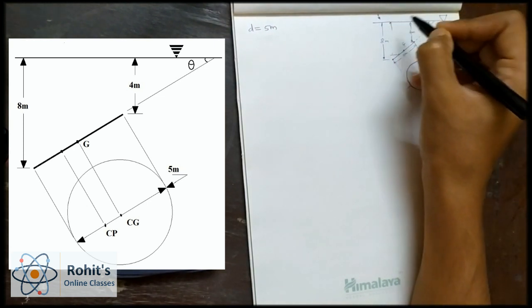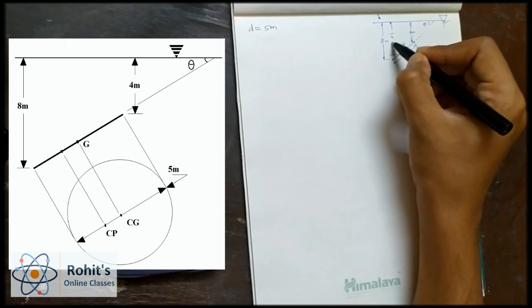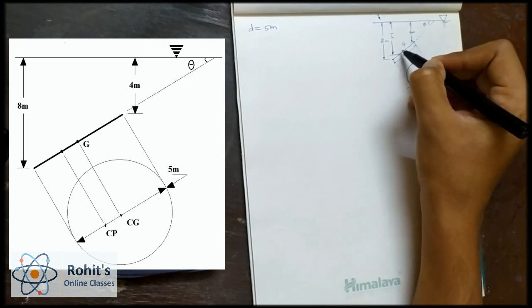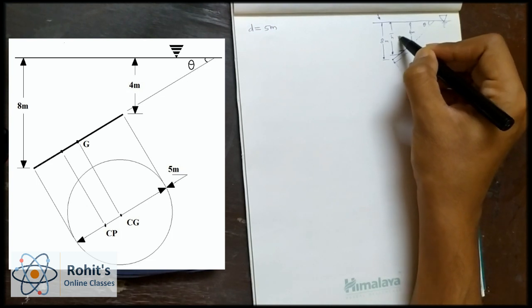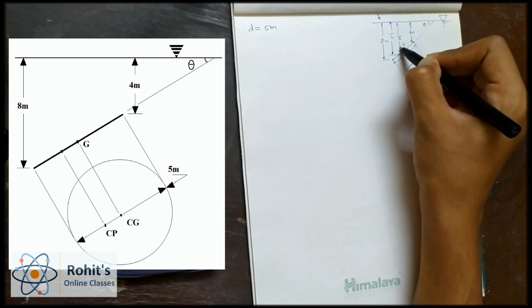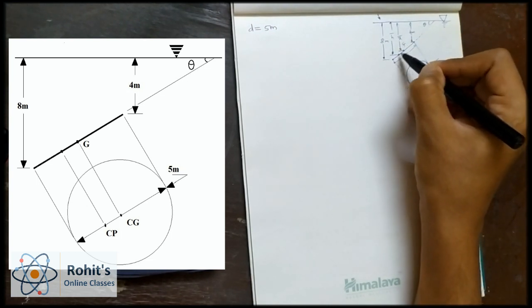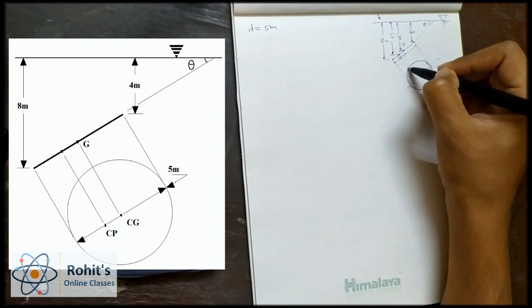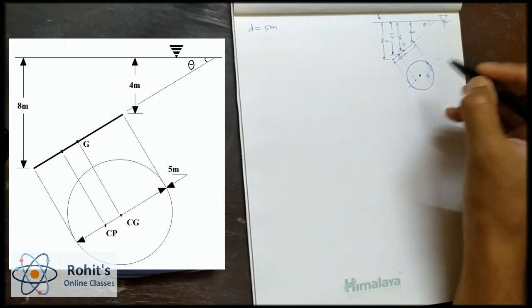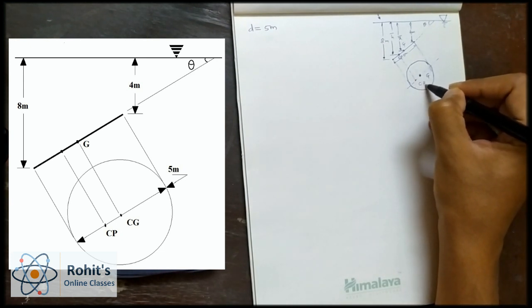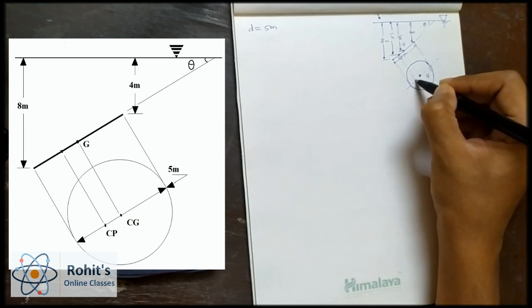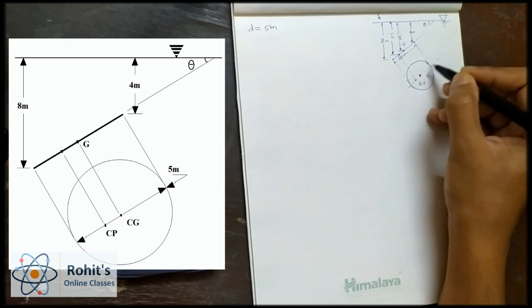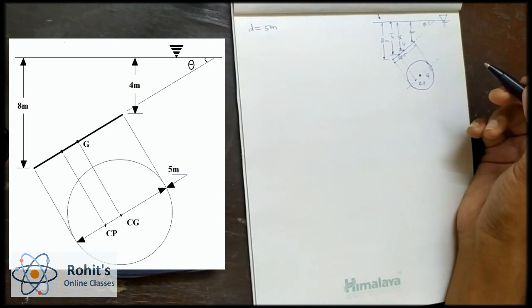The position of the center of pressure is h bar, and this is our x bar. So this point is point CP. If I draw projections of this CP point, then I will see this point over here on the axis of the circle, correct?